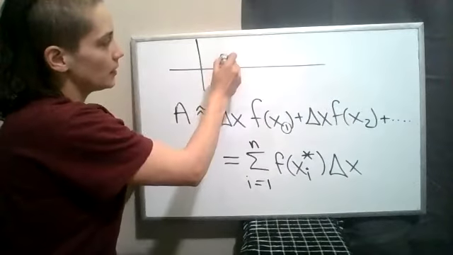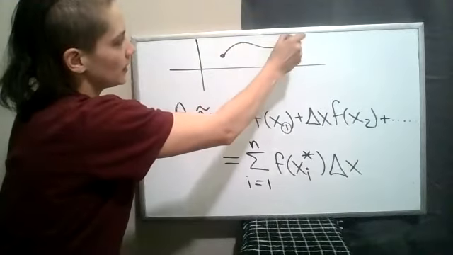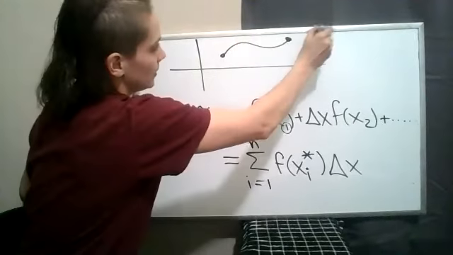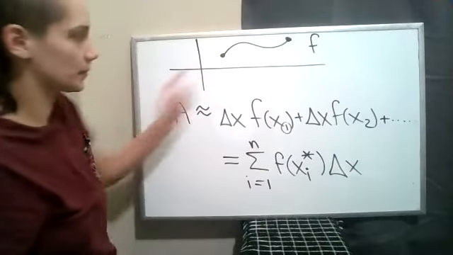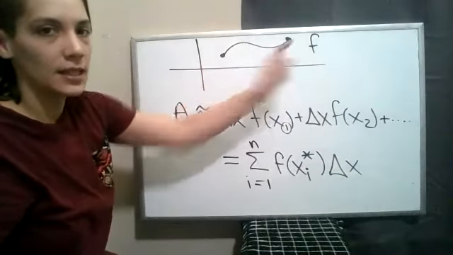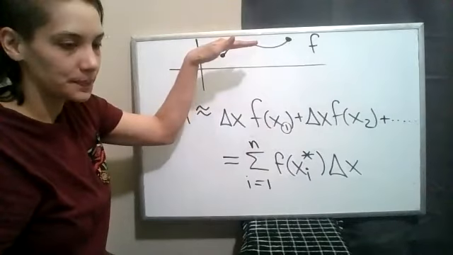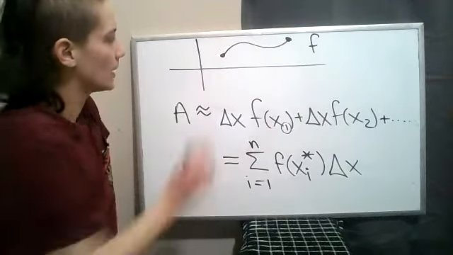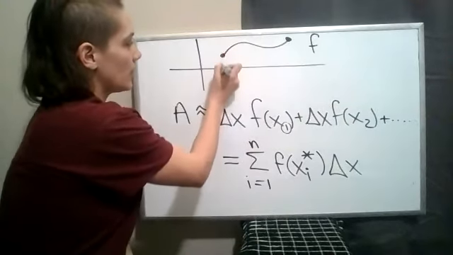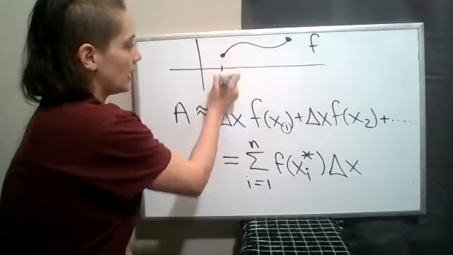We're going to go from here, swoop to there. It's continuous, and it's above the x-axis. We start at A, and we go to B.